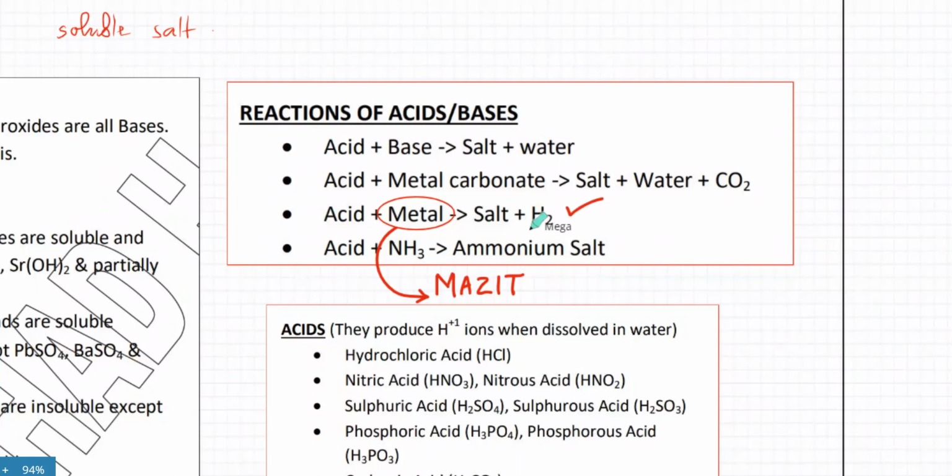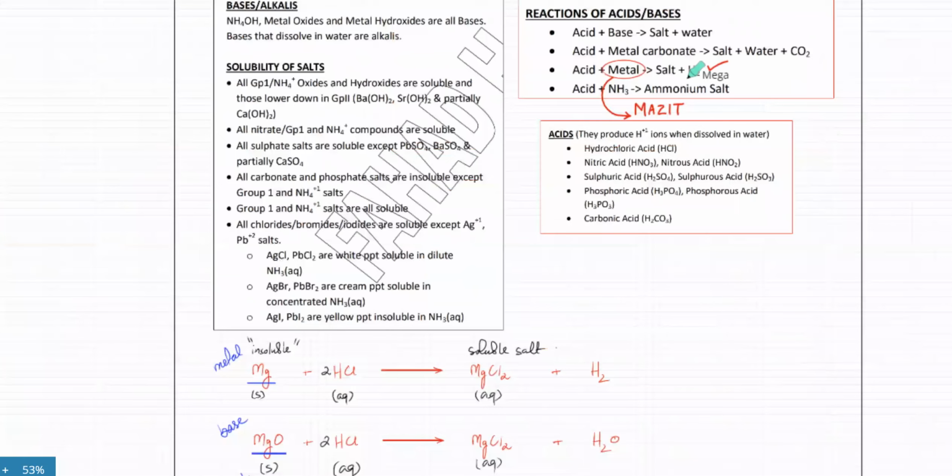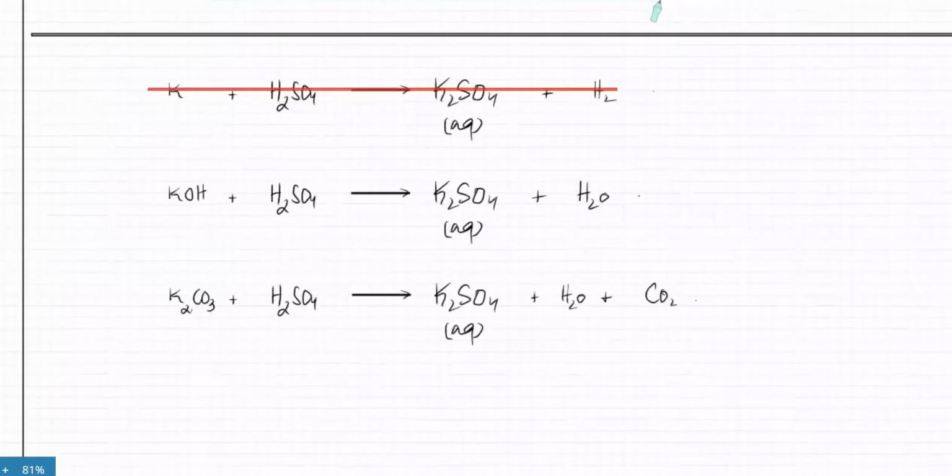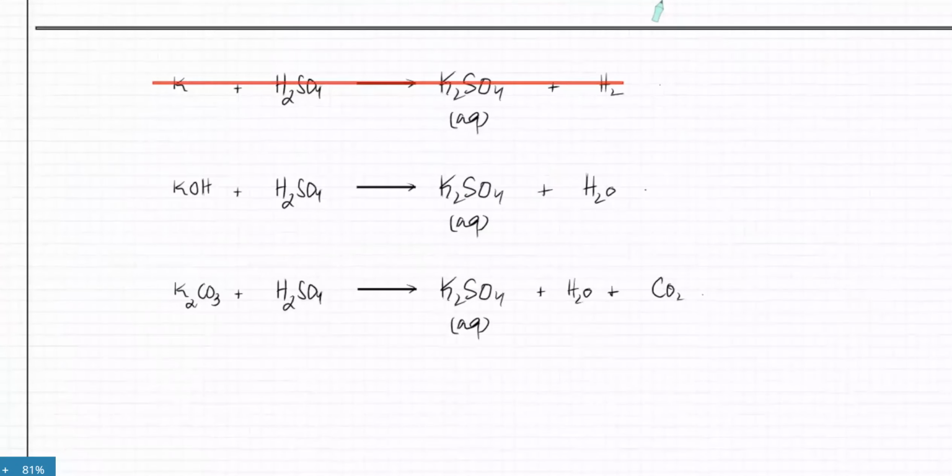Any other metal would either be too unreactive, so it's going to take a very long time, probably years, for the salt to form, or it might be too reactive. In this case, potassium can't be used because potassium is group 1 and it is extremely reactive, so that's going to result in an explosive reaction.